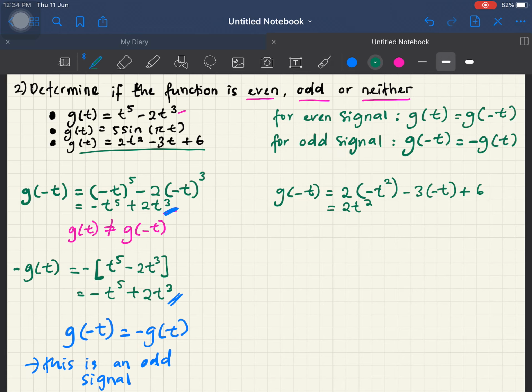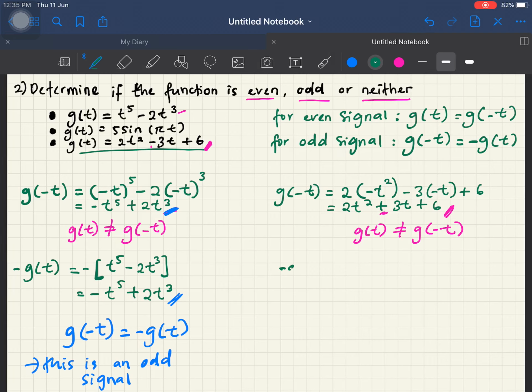So you will get 2t squared plus 3t plus 6. This equation is not equal to the original, because here you have positive while here you have negative. So g of t is not equal to g of minus t.